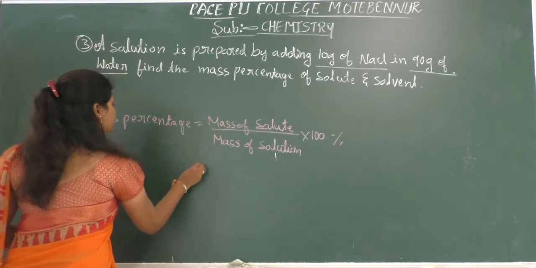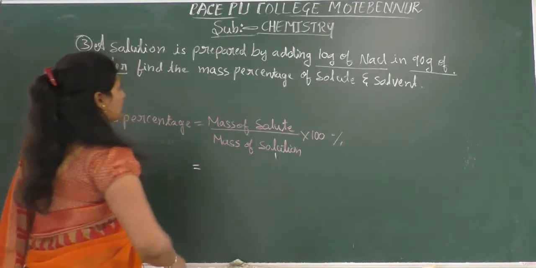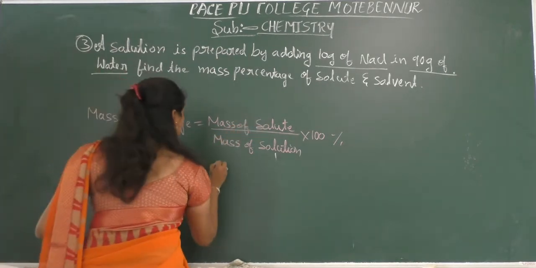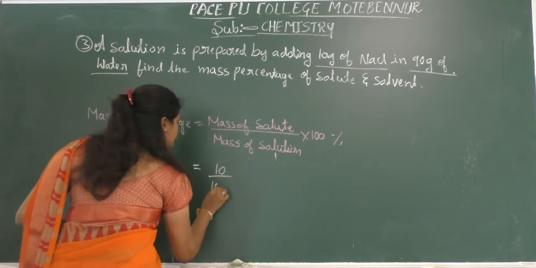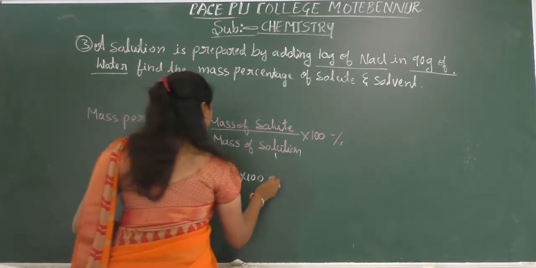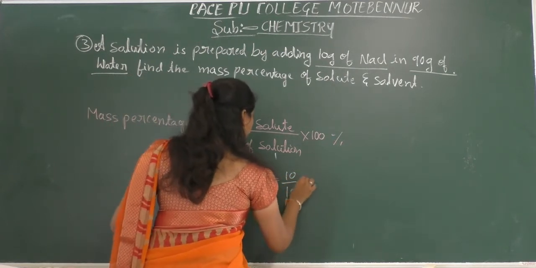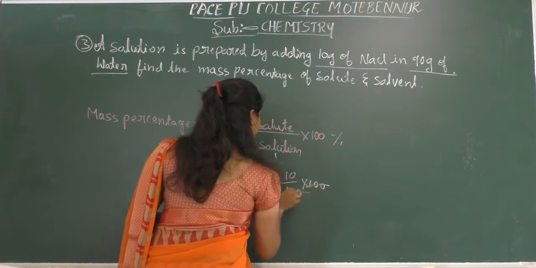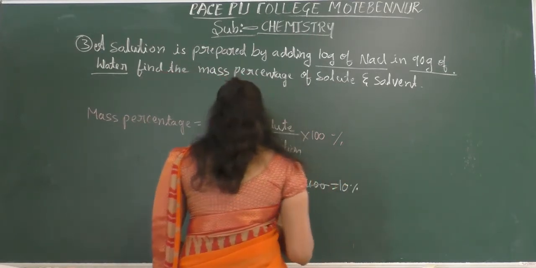Okay, first we will solve for the solute. Here the mass of solute is 10 gram and the mass of solution is 10 plus 90, into 100. So the answer is 10 divided by 100 into 100, so this will get cancelled. So it is 10%. Okay.